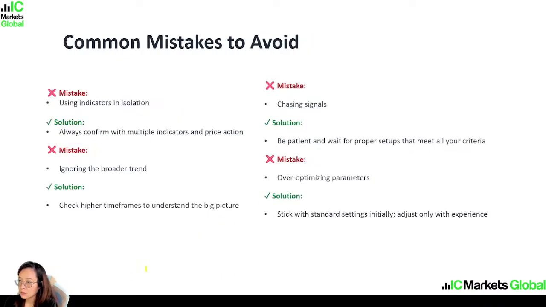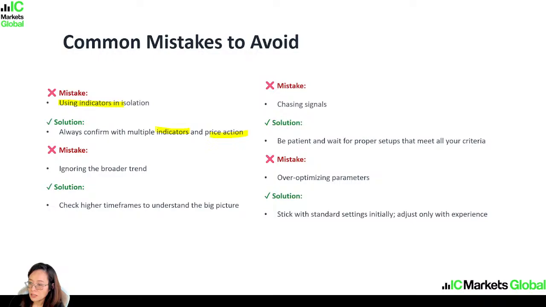Okay, so the common mistakes to avoid. They say one mistake is using indicators in isolation. The solution: always confirm with multiple indicators and price action. I recommend the price action indicator. You can use one like RSI, or you can use the stochastic.